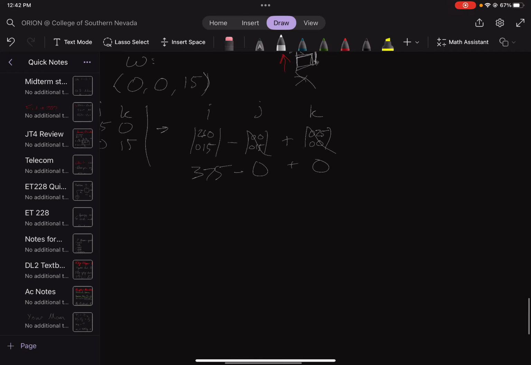Now we can convert that back into a regular vector, and so that's just 375, 0, 0.